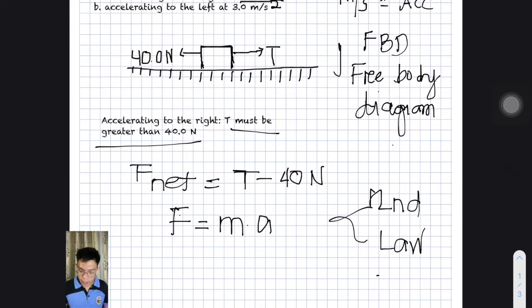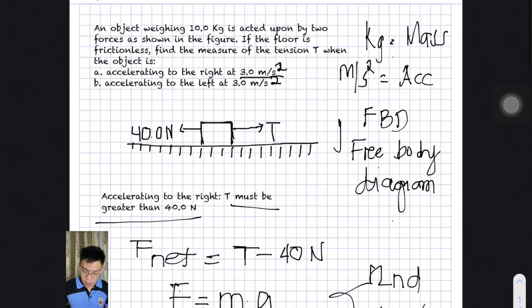Checking our given with our problem, mass is given, acceleration is given, F net is given. Thereafter, we can look for the unknown value.